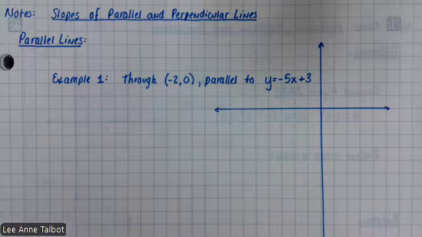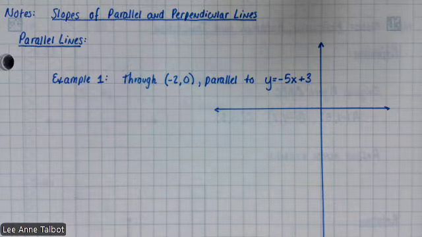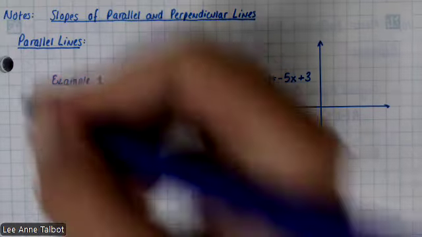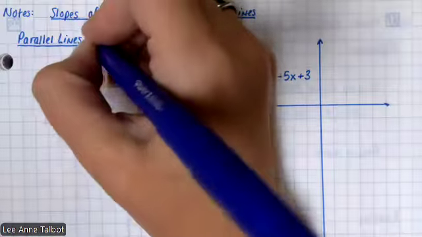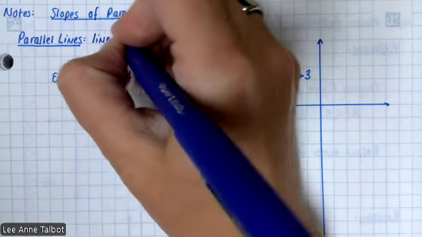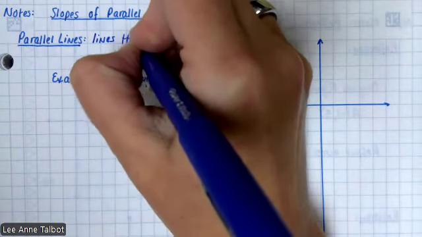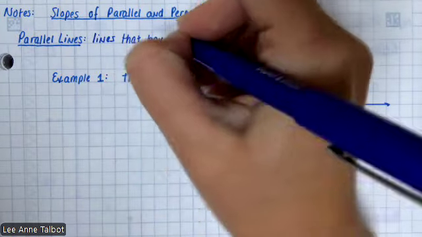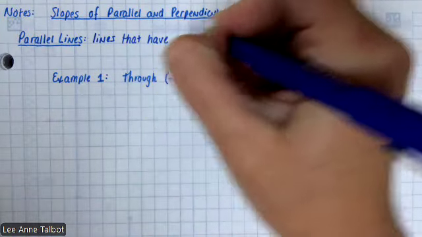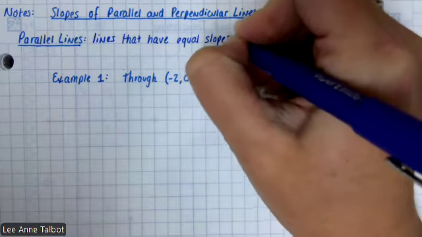Okay, so the first thing we need to do is define what parallel lines are for our class. Parallel lines are lines that have equal slopes.